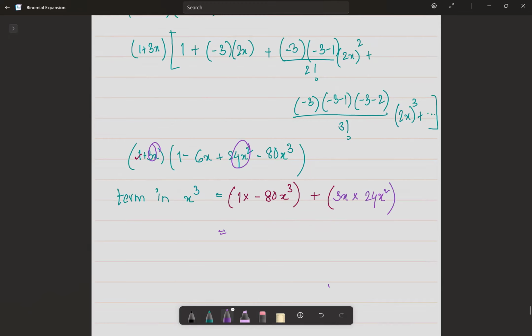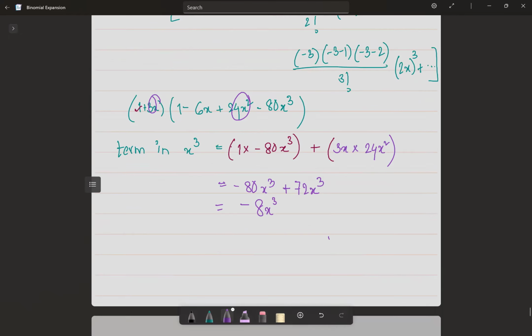So 1 into minus 80 gives you minus 80x cube. And then 3x into 24x squared is going to give you 72x cube. So minus 80 plus 72 is going to give you minus 8x cube. That is your term in x cube.